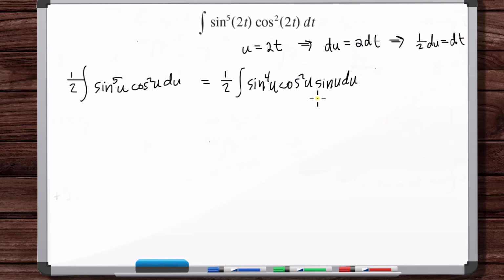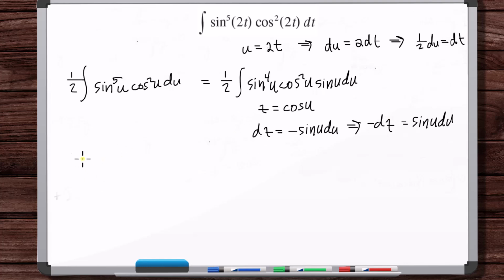And then what this allows you to do is make a substitution, we'll use z since we can't use u, where the derivative of that variable is equal to this sine of u du. So we're going to say z is equal to cosine u, so that dz is equal to minus sine u du. Therefore, minus dz is equal to sine u du. There you go.